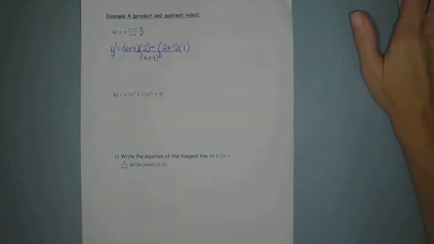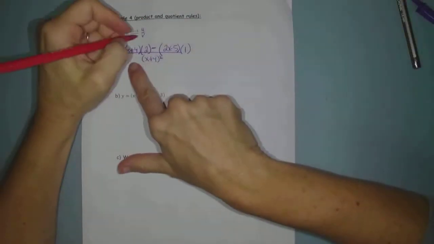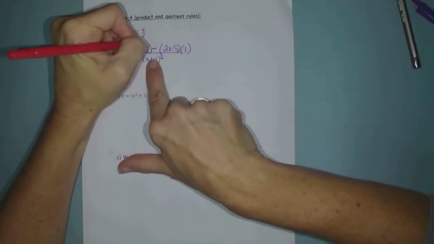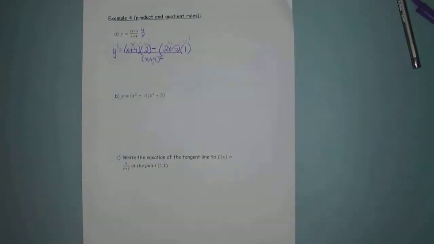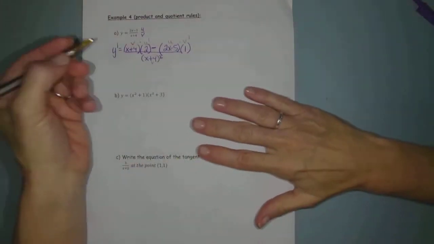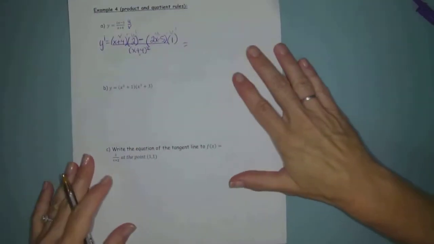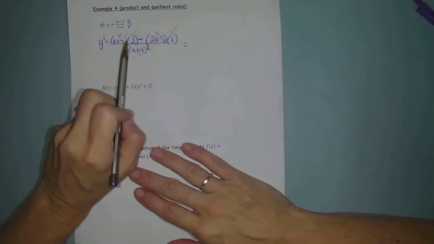So again, this is v times u prime minus u times v prime all over v squared. Now I just simplify algebraically. So this is going to give me some distribution right here.